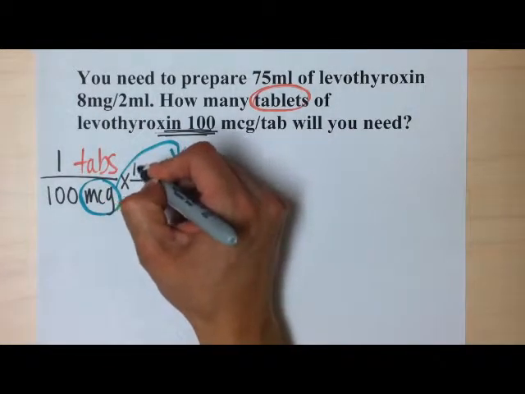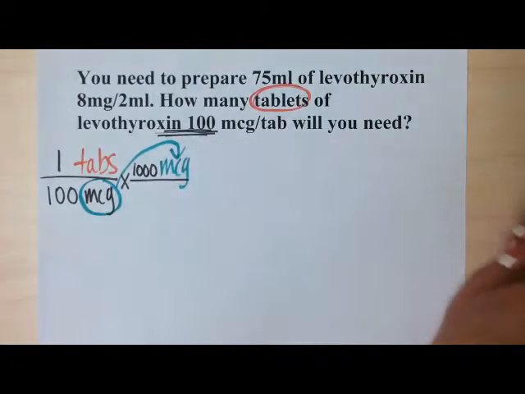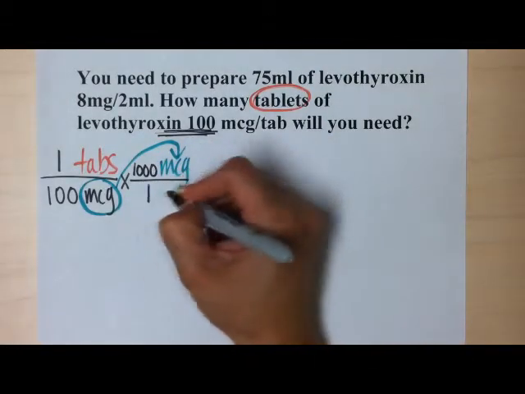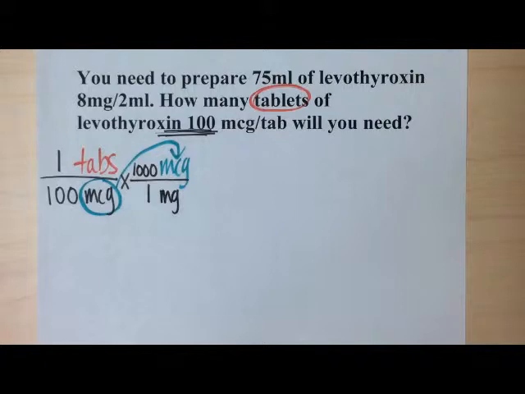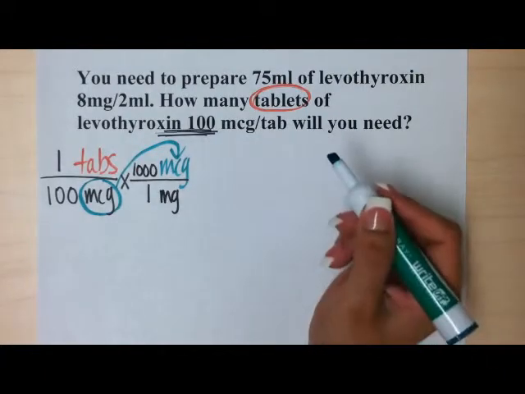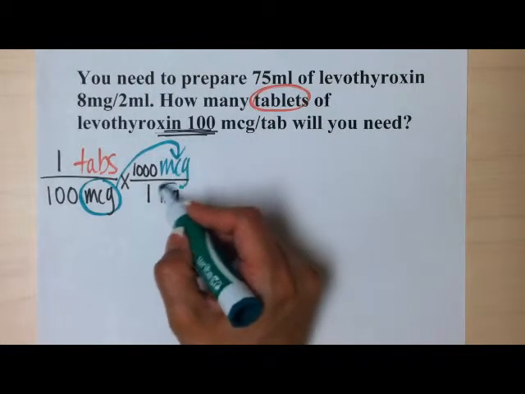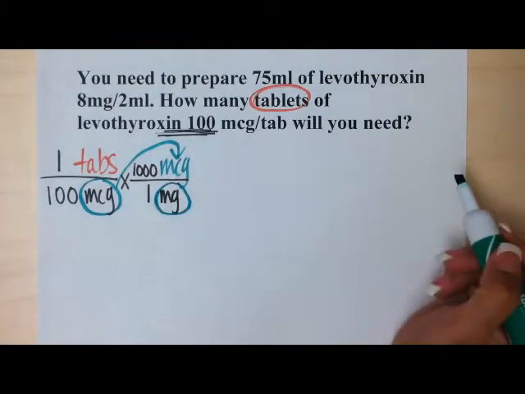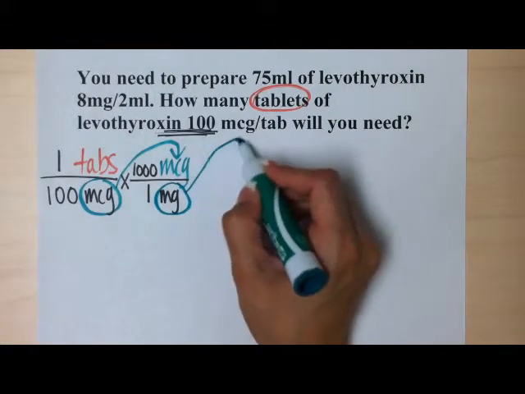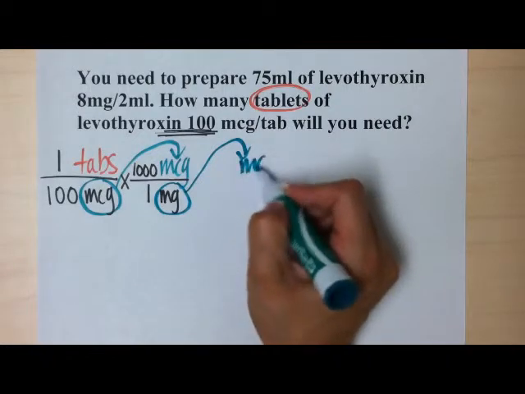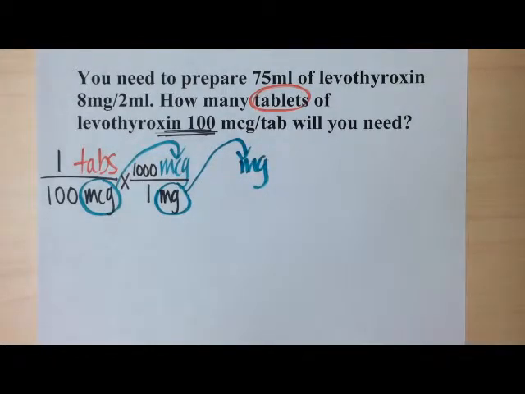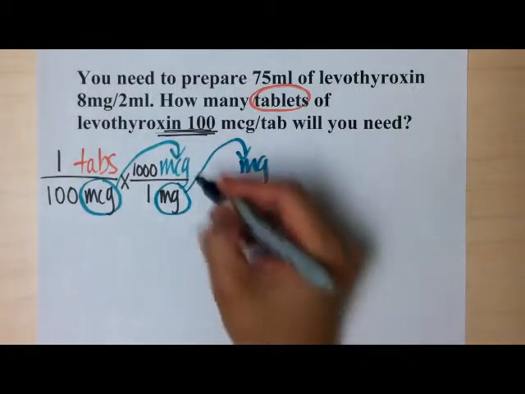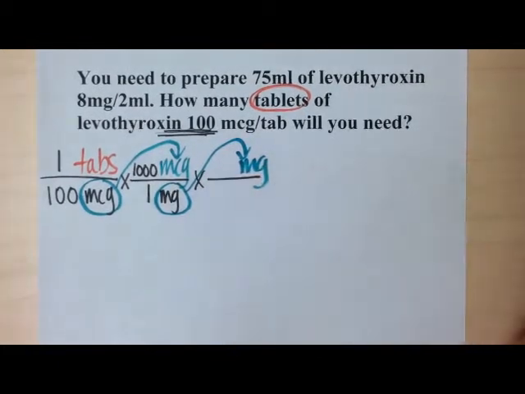So we know that for 1,000 micrograms, we have 1 milligram. Okay, so that's a conversion factor that we've memorized. Now, same thing on the second fraction. If you have milligrams on the bottom, we know that we have to have milligrams on the top of the next fraction. So now what do you think we can incorporate?